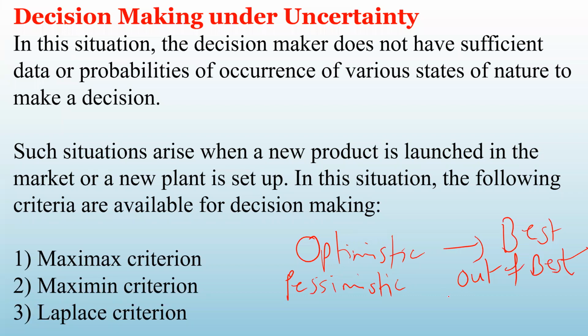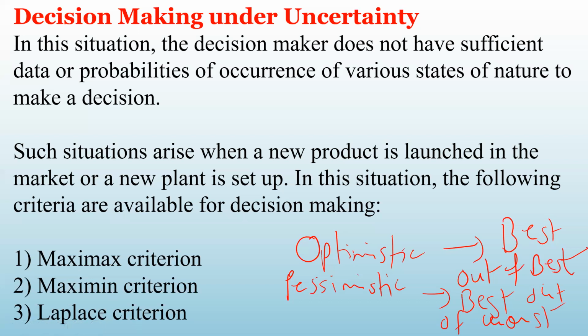Because these are profit figures, profit should always be maximum, so finally we take the maximum, but the best out of the worst. In this case, we calculate the minimum payoff for each course of action, and out of those minimums, we select the maximum. That is called the Maximin criterion.